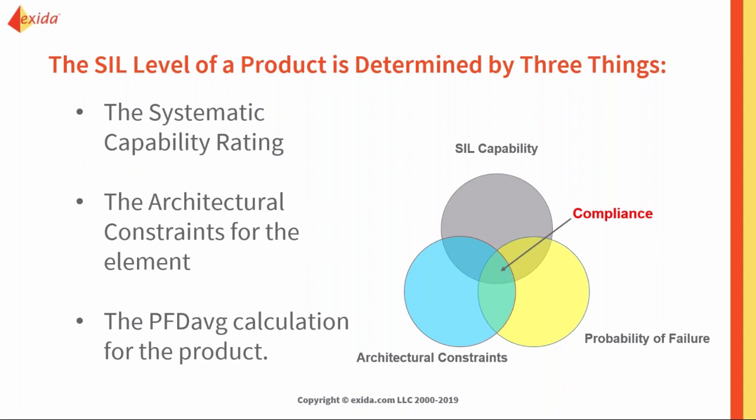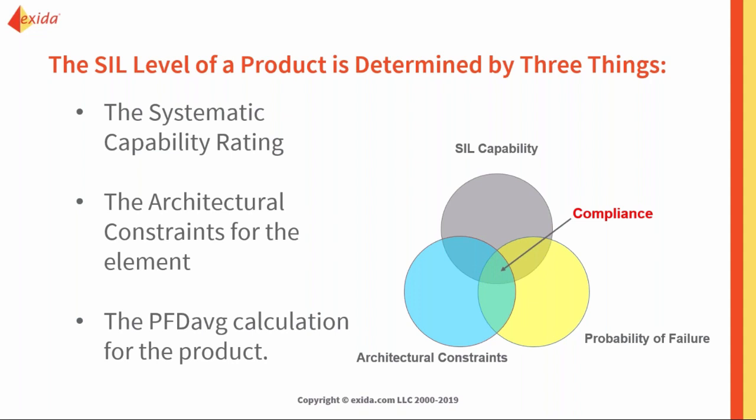Unfortunately, you have to meet all three of these requirements to become compliant in the standards. You can't just cherry pick one or two, and even if you do them wonderfully, it doesn't matter. You have to meet all three to get that SIL rating, or that achieved SIL capability for the product itself.